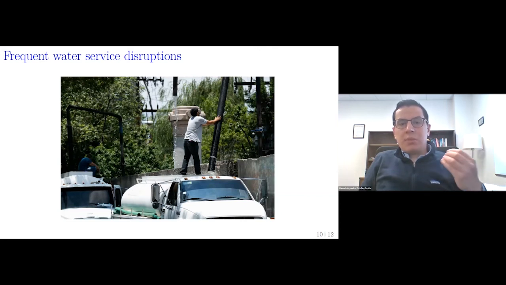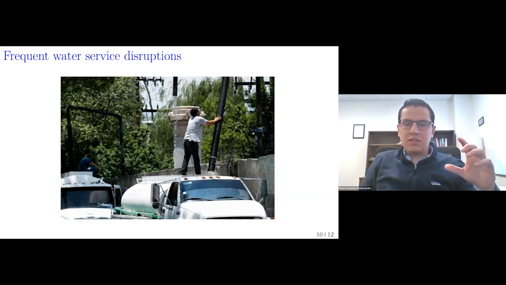And so even compliant taxpayers can face these periods of water service disruption, right? The water utility bill is unique in the sense that it does not guarantee access to drinkable water.